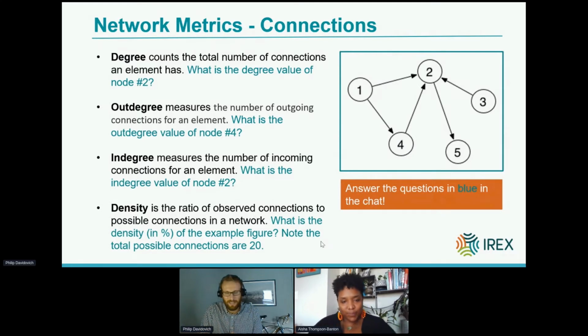So you multiply that by 5, and that's how you get 20. Then the real connections are the ones that actually exist, and it doesn't matter which direction it's going. There are 5 total connections that exist on that map, which gives you the 25% density.